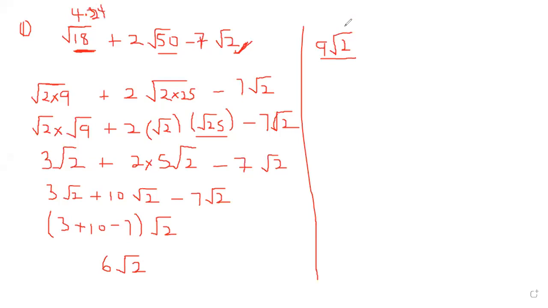Now 9 times the square root of 2 will give us 12.72. So you can see clearly that 9 square root 2 is not the same as 4.24. They are different things. Okay. Thank you. You're welcome.